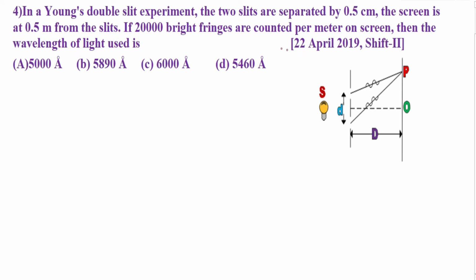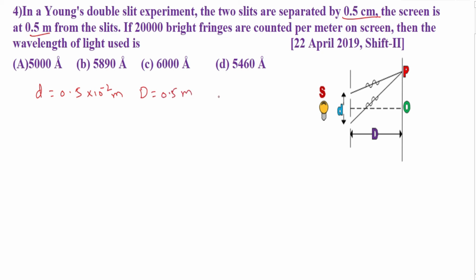He said that the two slits are separated by 0.5 centimeters, that is, small d is equal to 0.5 into 10 power minus 2 meters. The separation between slits and the screen is 0.5 meters, that is capital D is equal to 0.5 meters.